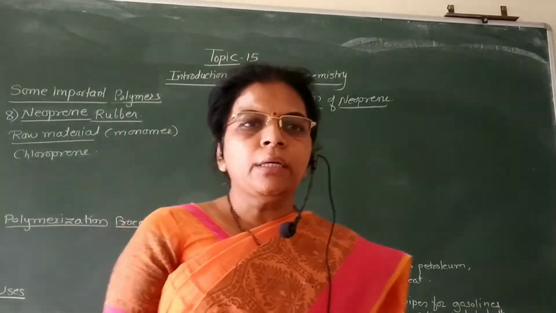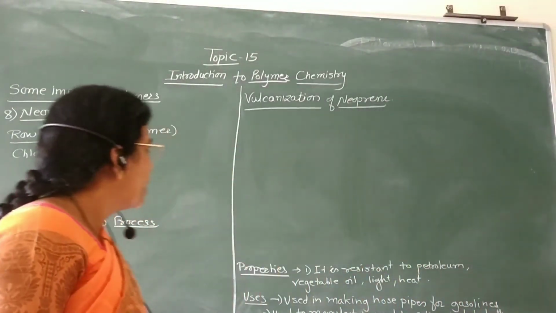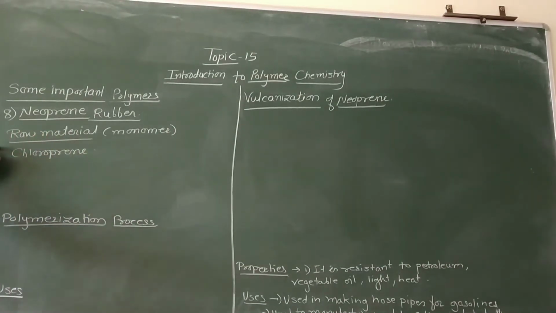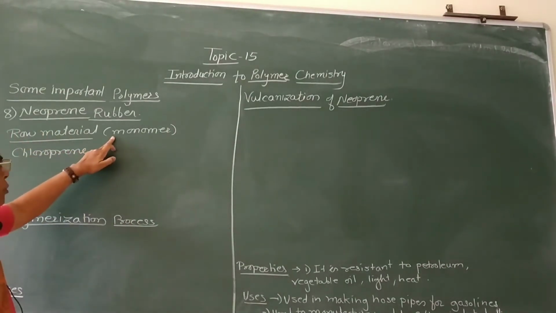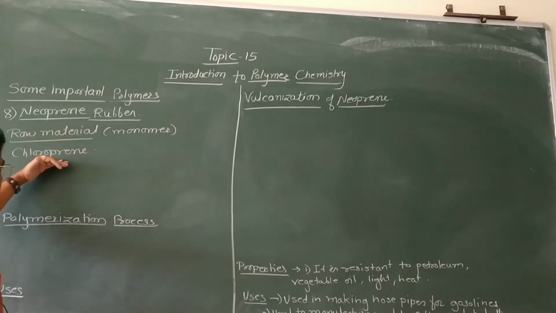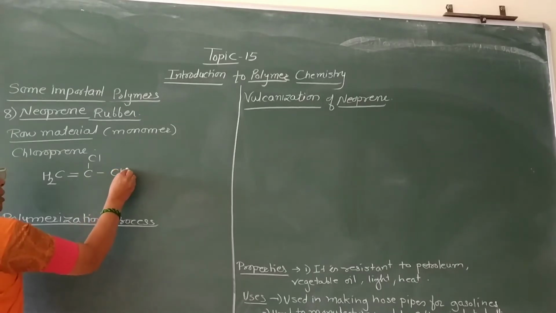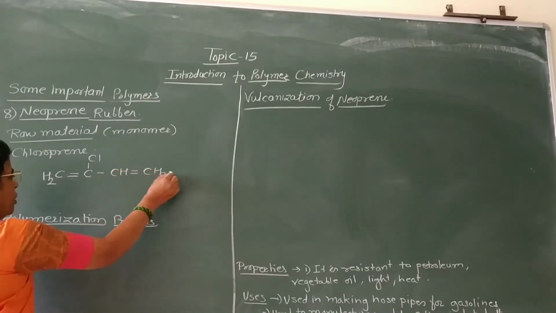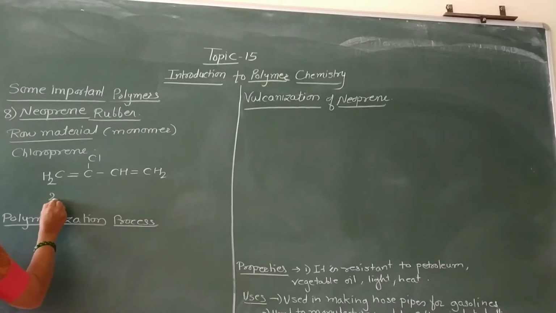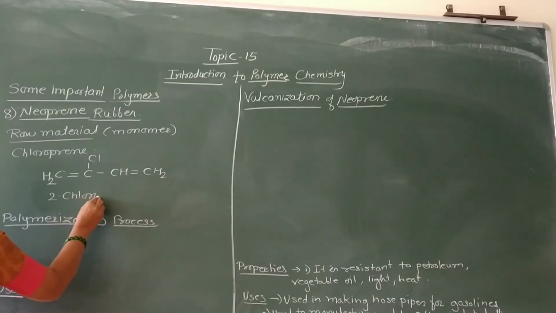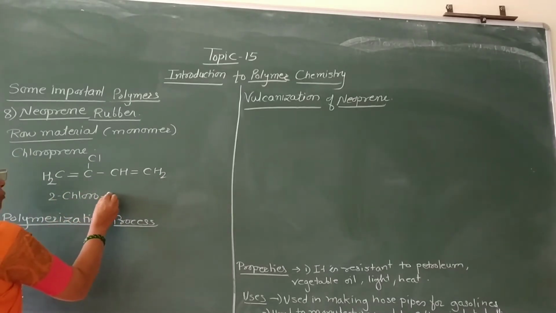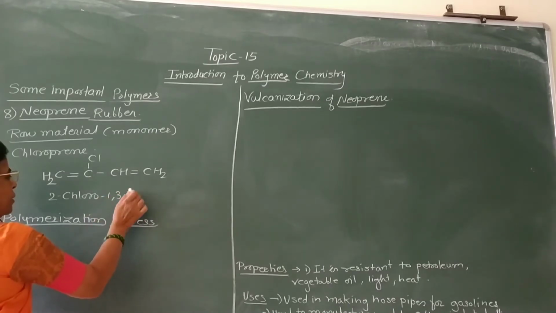Next polymer is neoprene rubber. The raw material or monomer used for the preparation of neoprene rubber is chloroprene. The structure of chloroprene is CH2=CCl-CH=CH2. The IUPAC name of this compound is 2-chloro-1,3-butadiene.